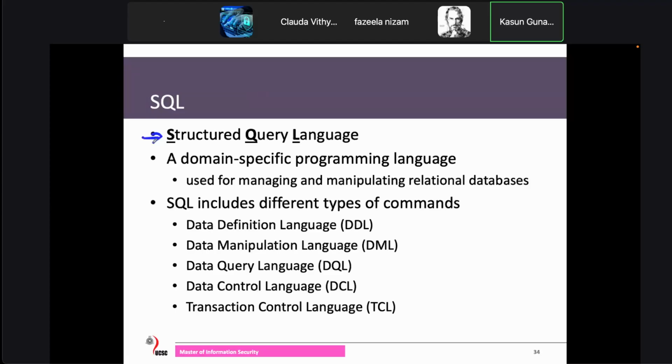SQL includes different types of commands. So there are different types of SQL commands that we can use to interact with the database: DDL, data definition language, data manipulation language, data query language, data control language, and transaction control language.